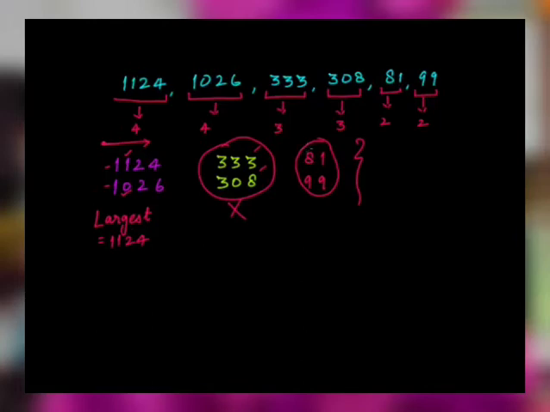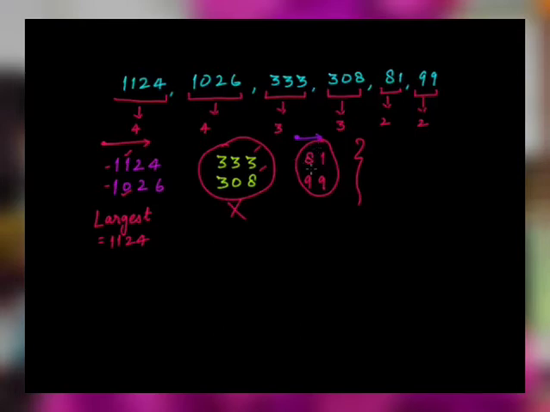Now from extreme left move towards extreme right. Compare the first digit first. 8 and 9. Which one is the smallest? Why are we looking for the smallest? Because now since we have the largest number, we have to find out which one is the smallest number, right?